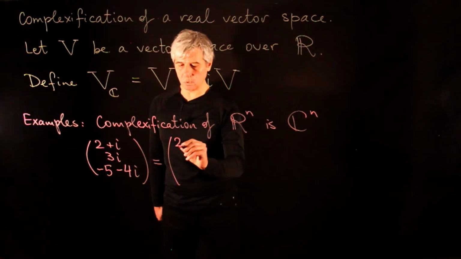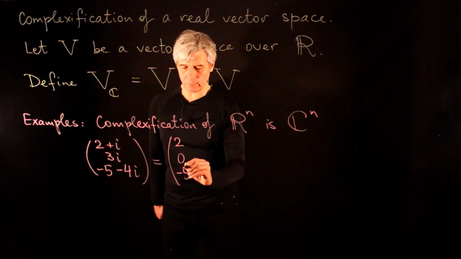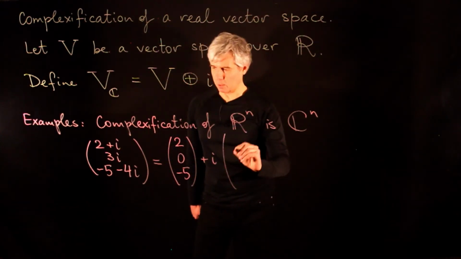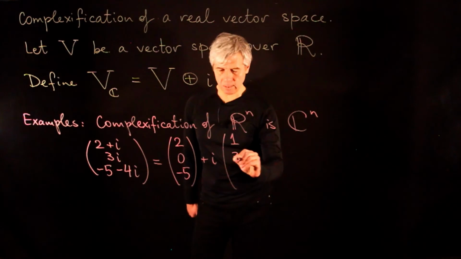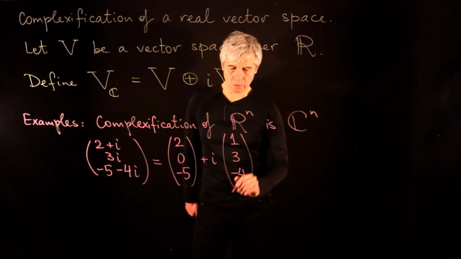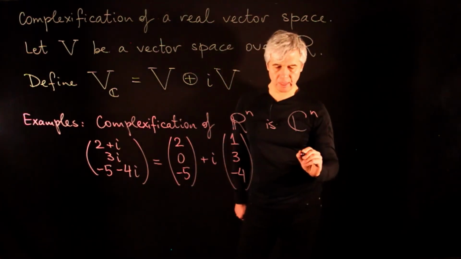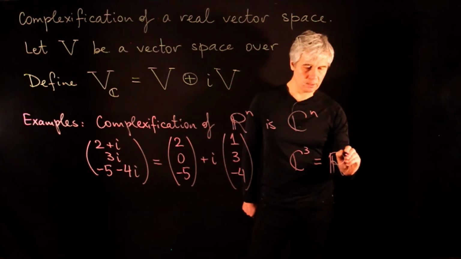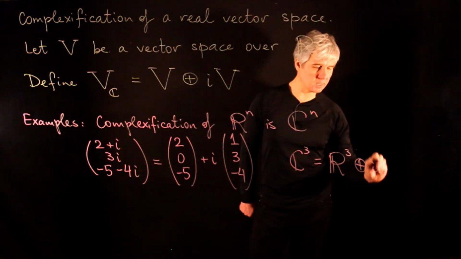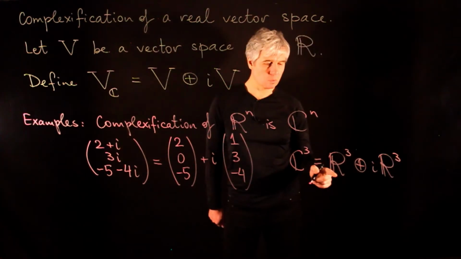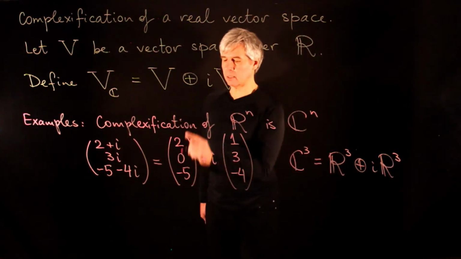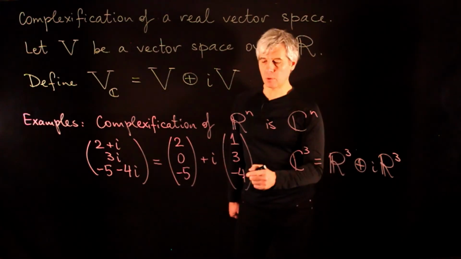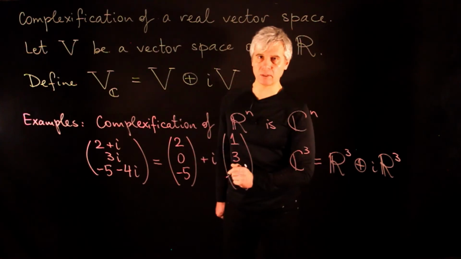So this will be (2, 0, -5) plus i times (1, 3, -4). So what we see is that C3 is R3 plus i times another copy of R3. So we have R3 as a real part of a complex vector and another copy of R3 for the imaginary part of a complex vector.